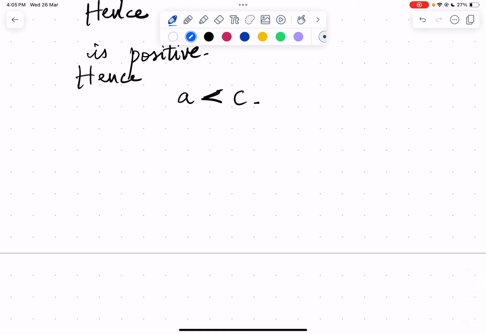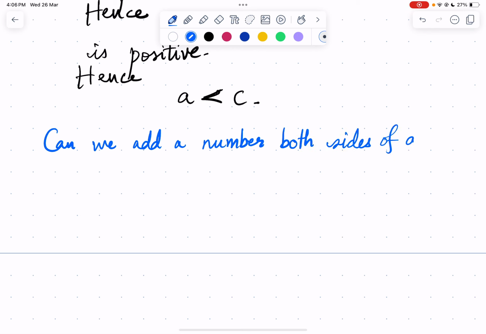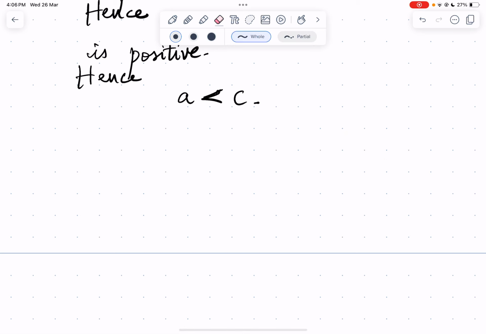Can we add a number to both sides of an inequality? Or I'll write a more specific way.